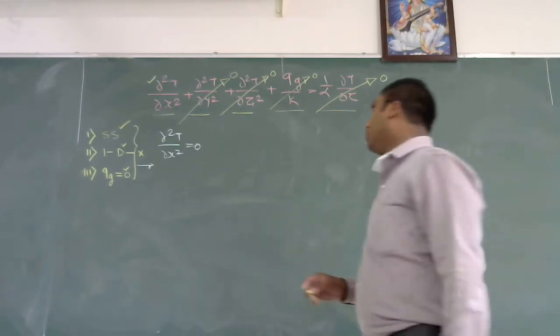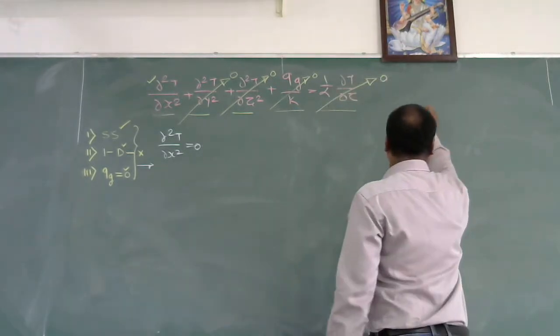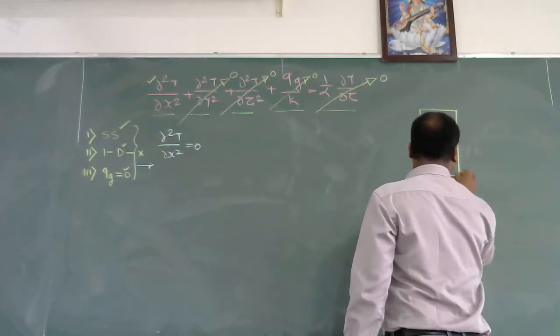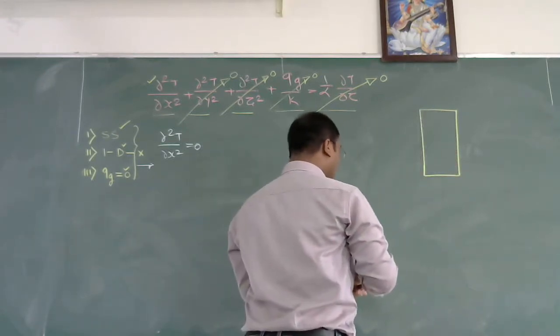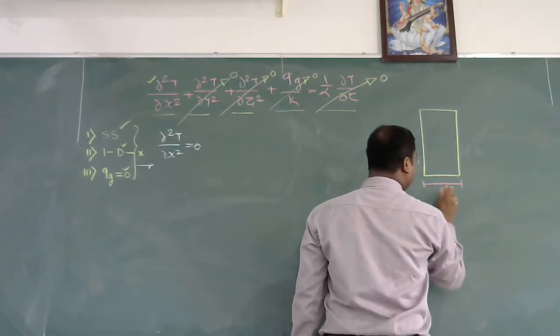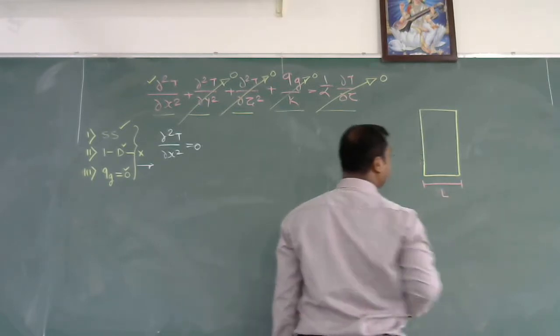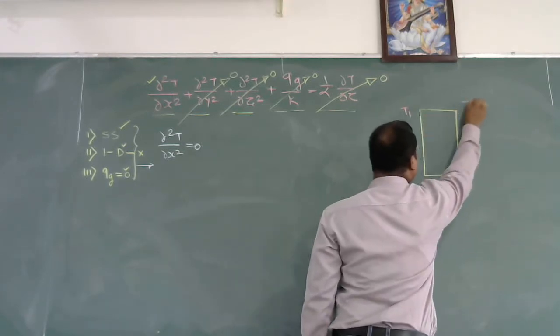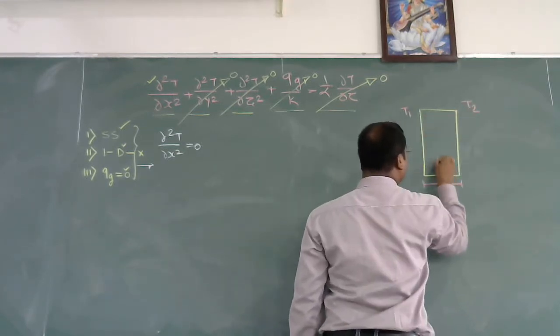Now we will see how we can use this equation to solve a variety of problems. To solve the first problem, I will consider a plane wall having thickness L. I will consider there is a temperature T1 at one surface, and temperature T2 at another surface.